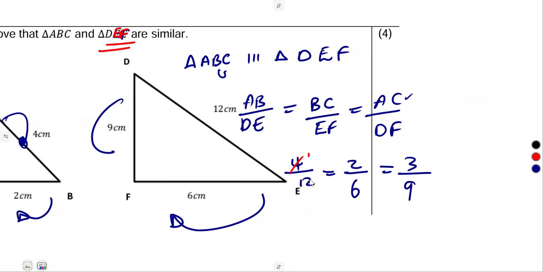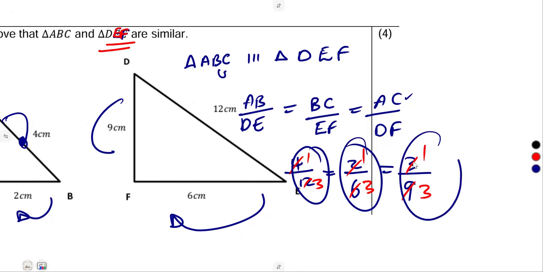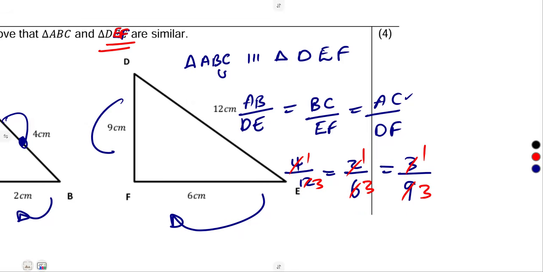So anyways, let us see if we are having the same answer there. 4 into 12, that's 1 over 3. 2 into 6, that's 1 over 3. 3 into 9, that's 1 over 3. So as you can see, we're having 1 over 3, 1 over 3, 1 over 3. Thus, the corresponding sides are in proportion. So therefore, triangle ABC is similar to triangle DEF.